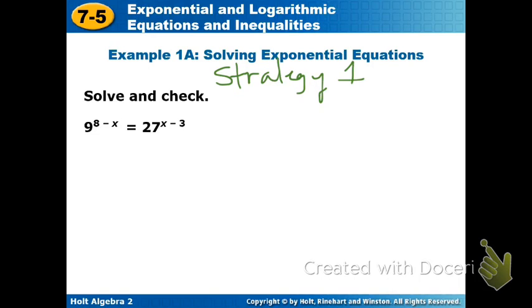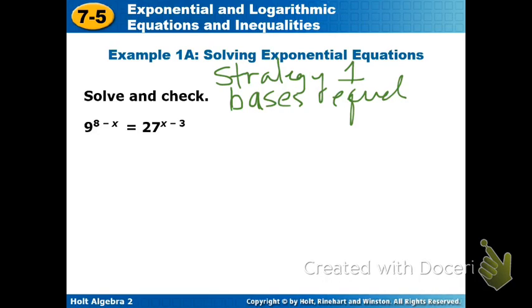Okay. And remember, strategy 1 is I have the bases equal to each other. Well, they're not right now, right? I have a 9 and I have a 27. But I do know that 9 and 27 are multiples of what number? 3.